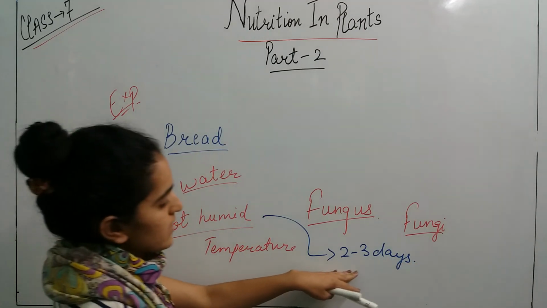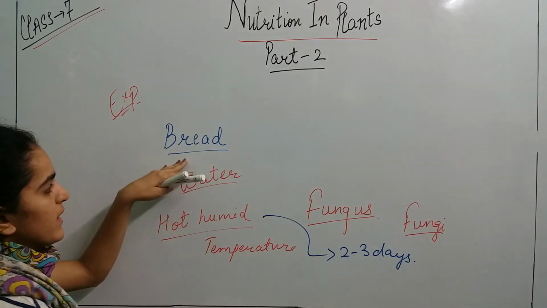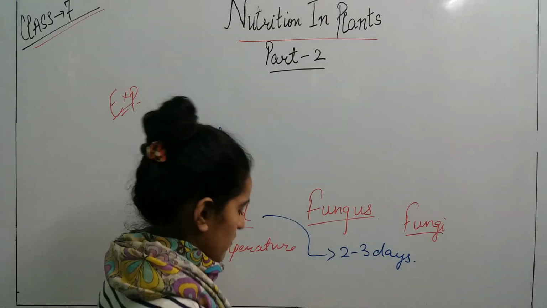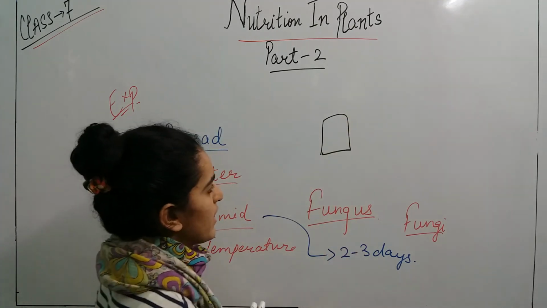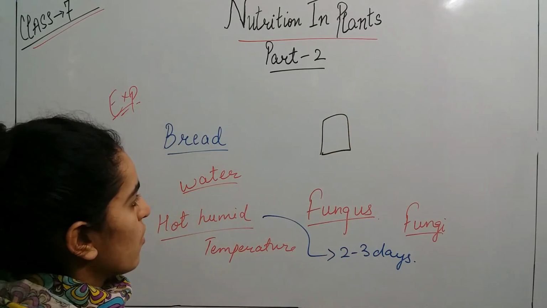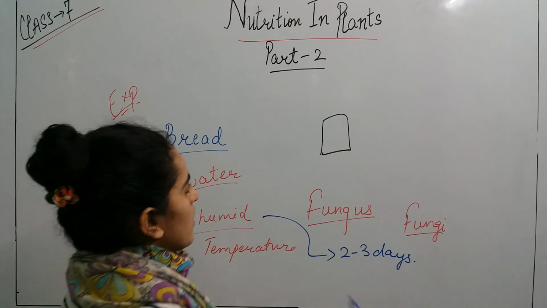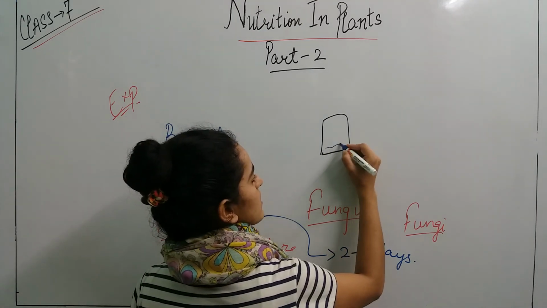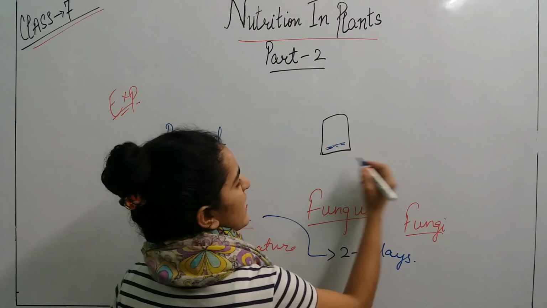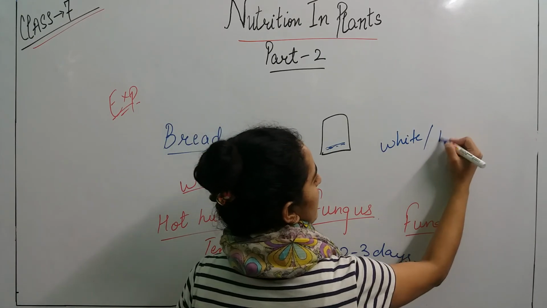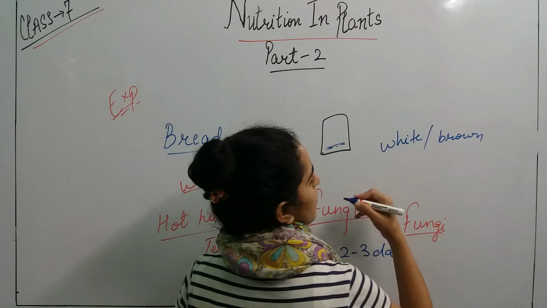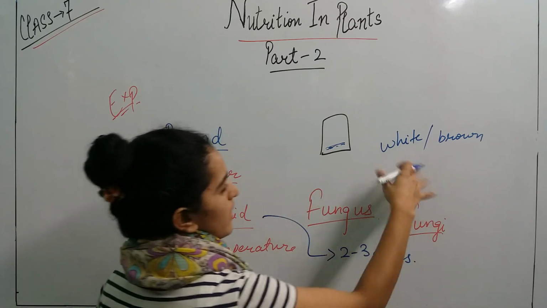After 2 to 3 days, check the same bread. You will observe that the bread piece will show a thread-like structure. It can be white, brown, green or yellow, it can be any color.